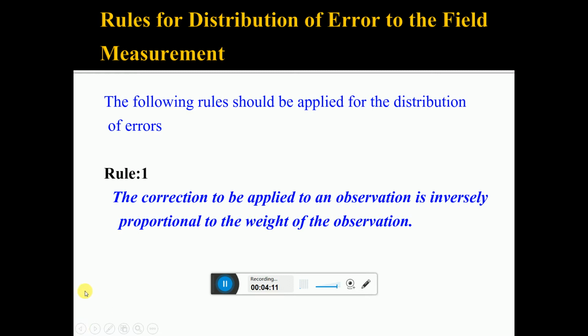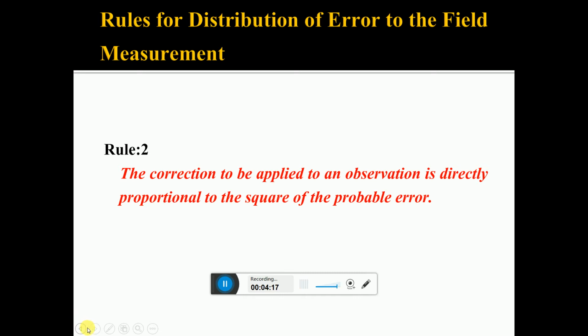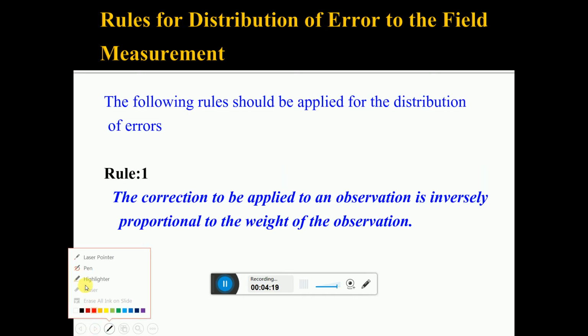Let us say three angles of a triangle are measured. Angle A is measured, and the weight for angle A is, say, 3.